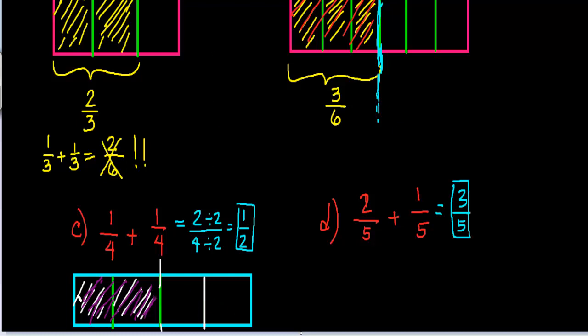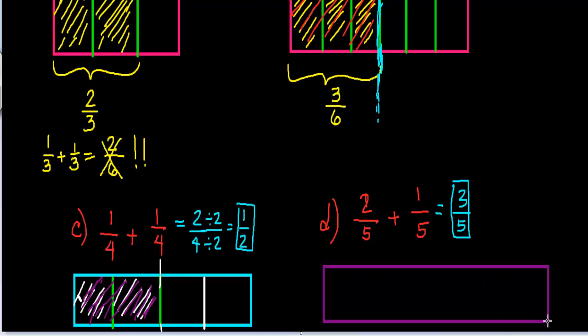Now let's do a drawing for this one. Let's cut this piece into 5ths. 1, 2, 3, and these aren't evenly spaced, so I'm sorry about that. 1, 2, 3, 4, 5.